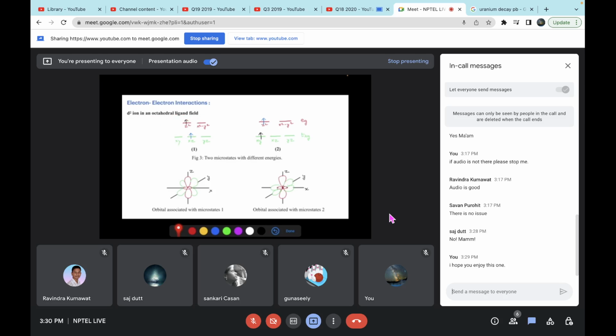It is shown here for an excited state of the same d2 ion, but in the ground state, these two electrons can be in any two orbitals of t2g, for example xy and xz, or xz and yz, or xy and yz.